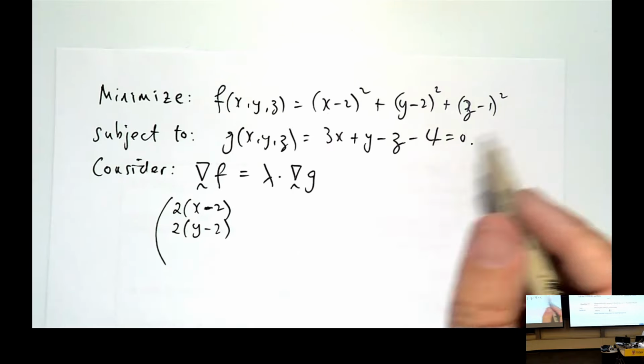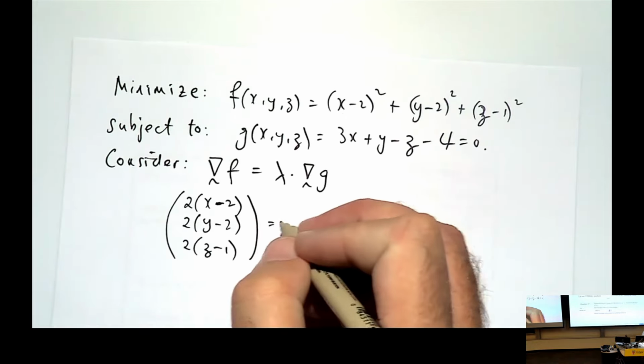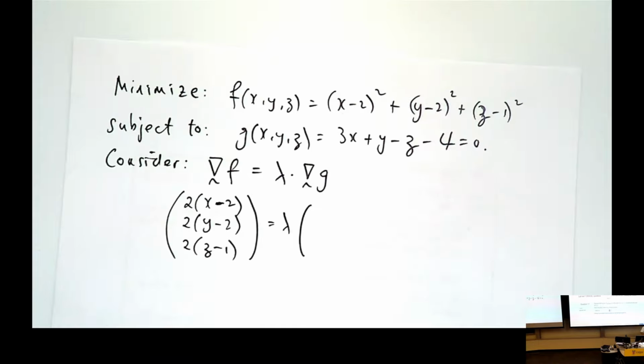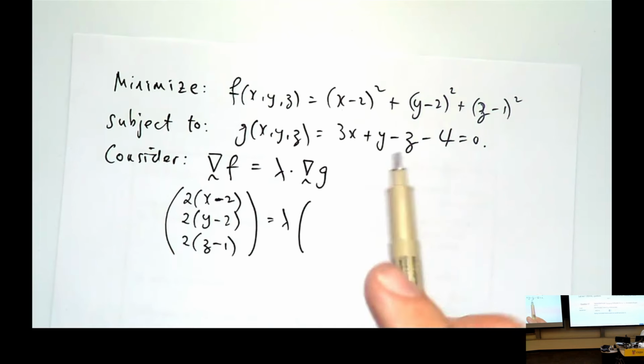Differentiate with respect to z and write it down as the third entry. Now do the same with g. So g is pretty easy. 3, 1, negative 1.